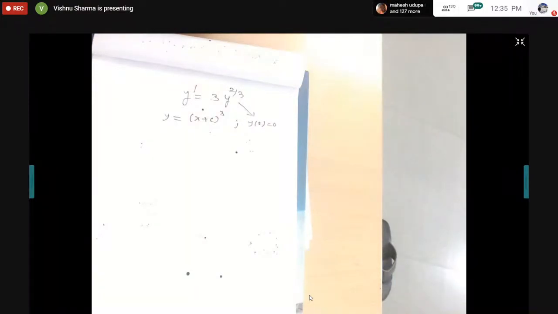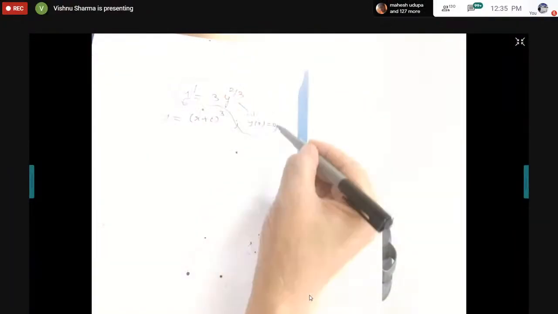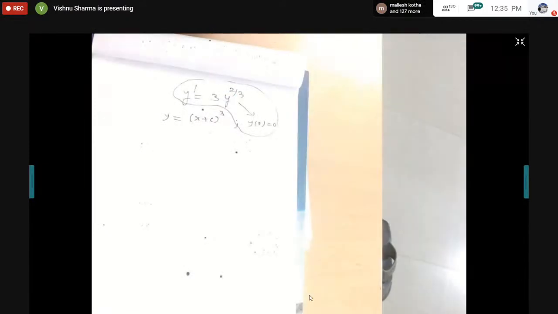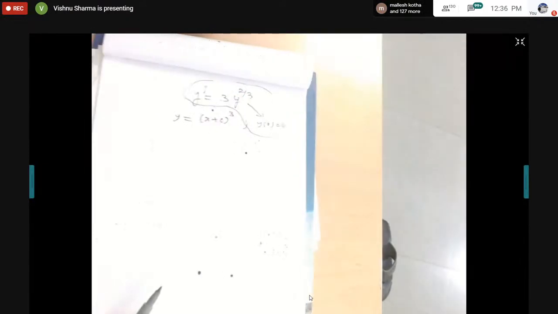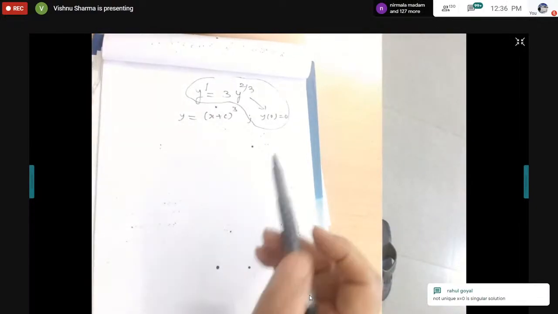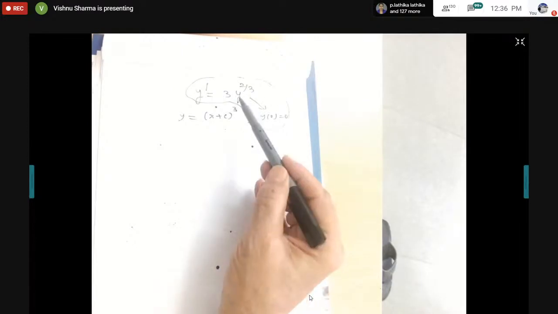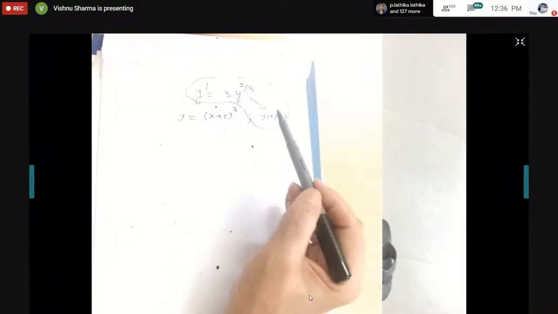This is an initial value problem, correct? The question is whether it admits a unique solution, given that the function is continuous in a neighborhood of (0, 0).